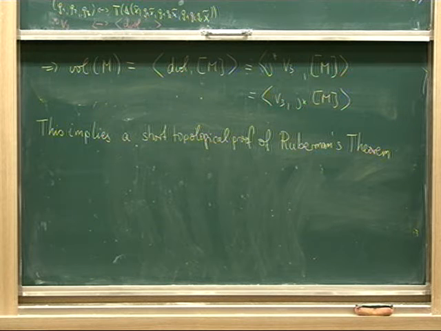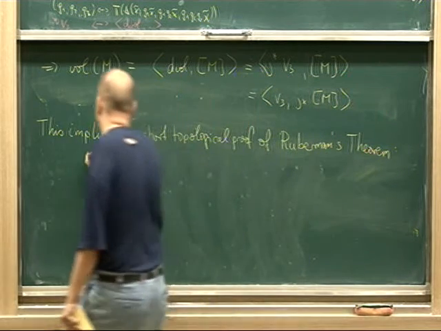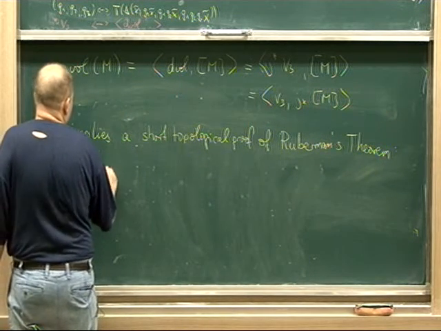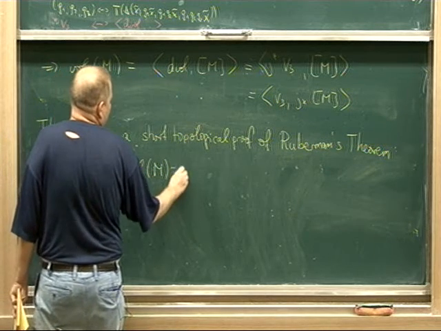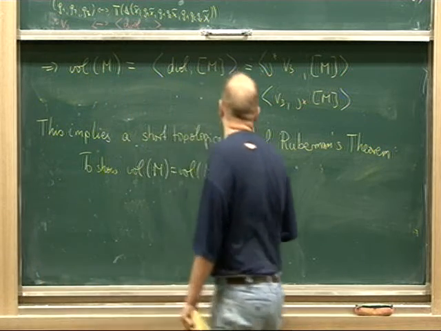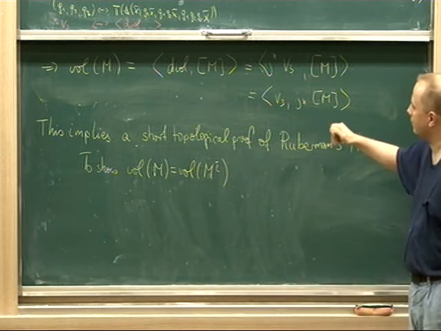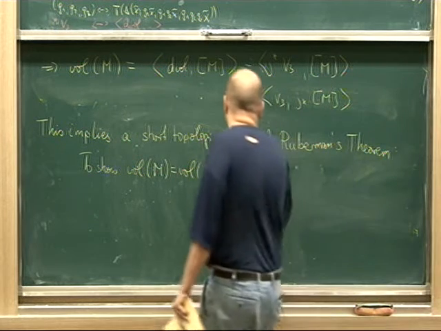And then the statement is that the volume of the glued manifold should be the same as the volume of the original manifold. So we want to show that volume of M is volume of M tau, and by this observation it suffices to prove that these homology classes agree.